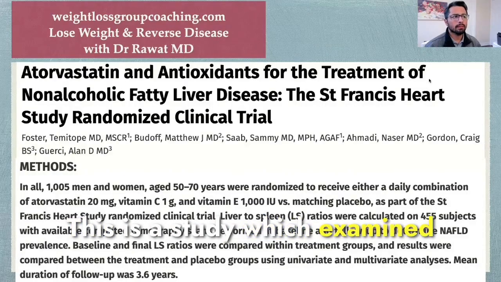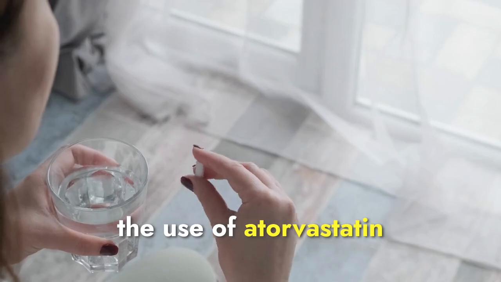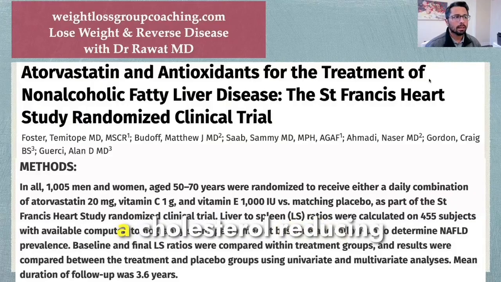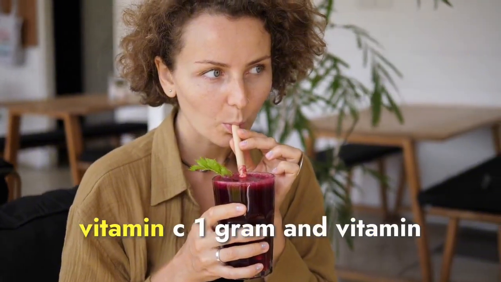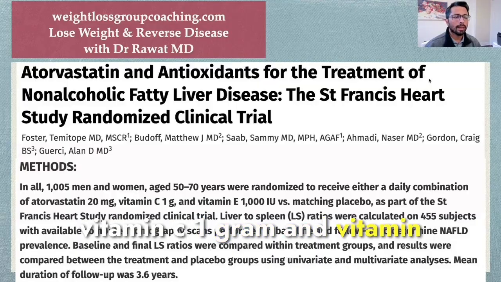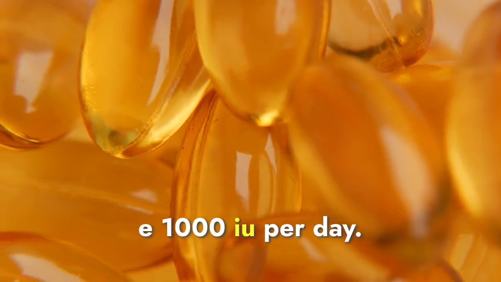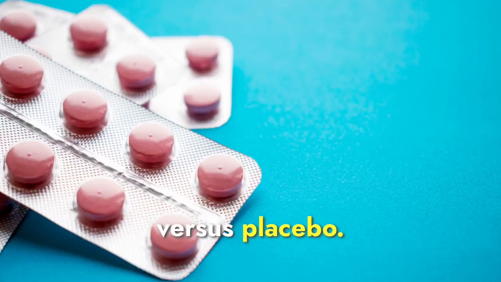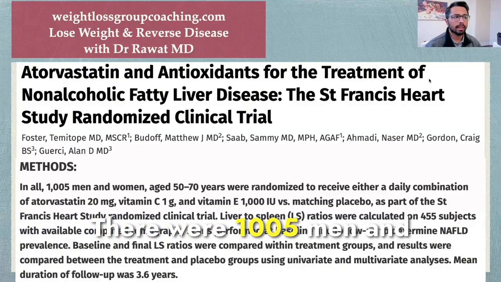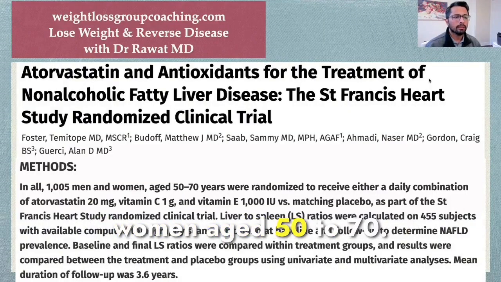This is a study which examined the use of atorvastatin, which is a statin, a cholesterol-reducing medication, along with antioxidants vitamin C 1 gram and vitamin E 1000 IUs per day. The dose of statin was 20 milligrams of Lipitor or atorvastatin versus placebo. There were 1,005 men and women aged 50 to 70.